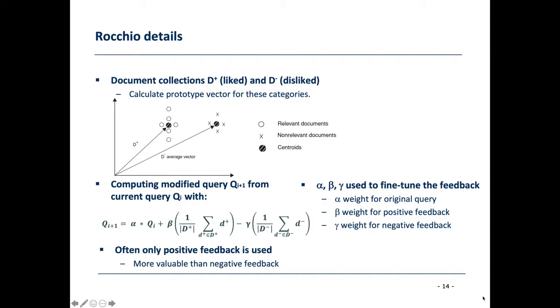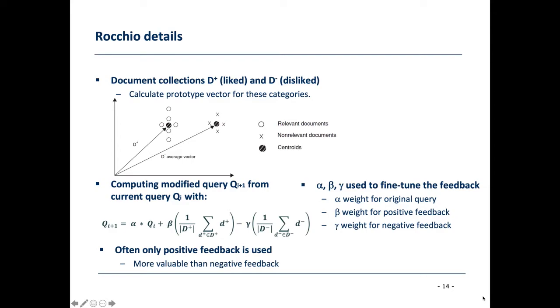So we do clustering in order to compute these collections. Then we are potentially combining the queries which would result in the centroids of D plus and D minus, and then retrieving the documents which are part of that blended query.